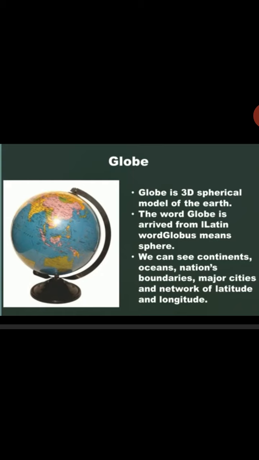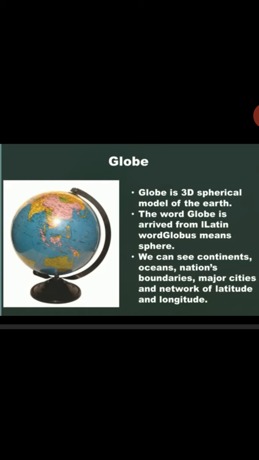So similarly, if I'm talking about a map, as you all know, a map is a flat surface. You can see the whole area at the same time because a map is a 2D model and a globe is a 3D model of the earth. So students, comparatively a globe is difficult to carry. We can't carry the globe to any place, right?